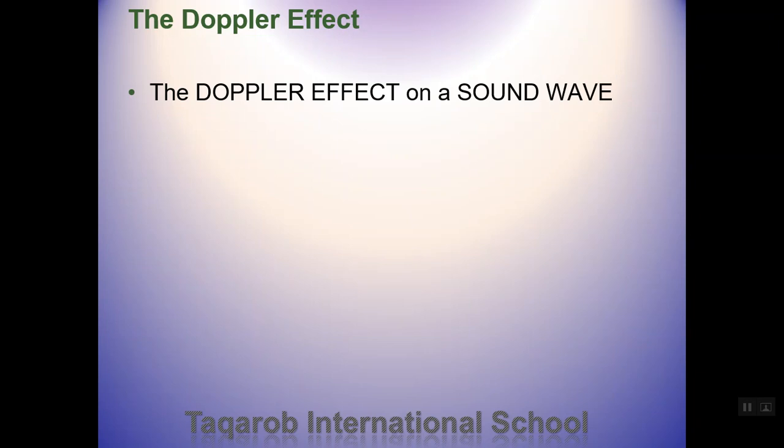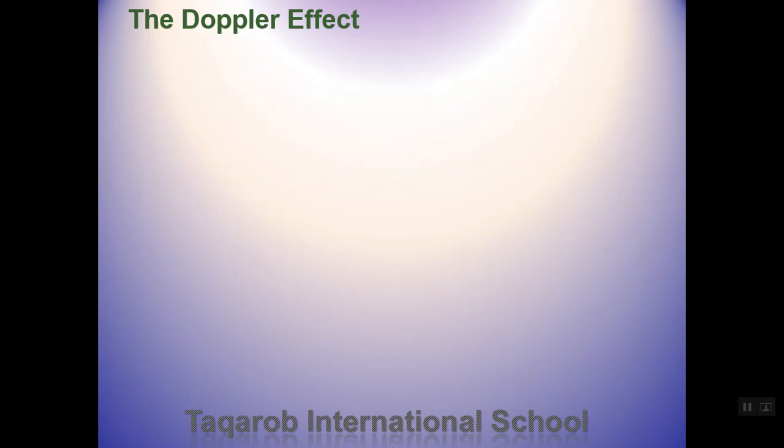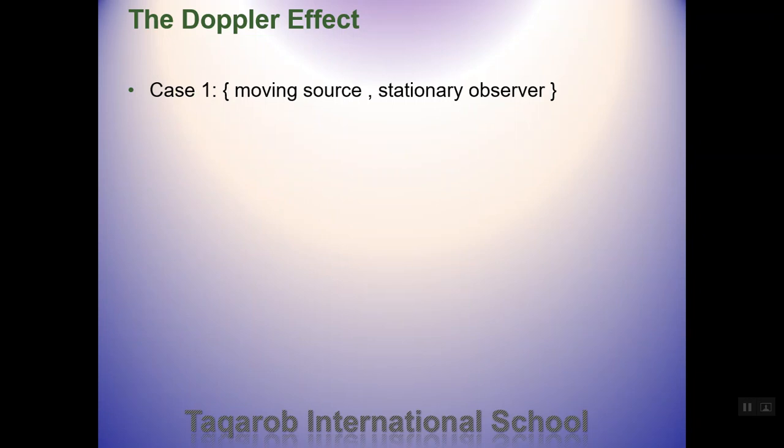Because the Doppler effect depends on the relative motion between the source and the observer, we want to study the frequency of the wave for both the source and the observer. I will divide this lesson into the following cases. Case 1: a moving source and a stationary observer.